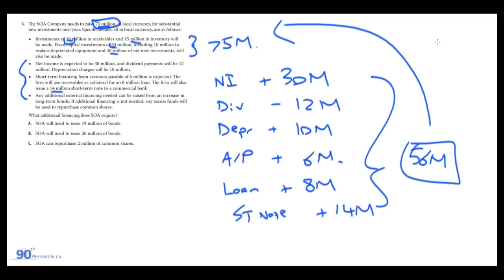They set a lower limit on how much cash or marketable securities they have on hand. But here we're just assuming we're spending every single penny we have on our books on these investments. So 75 minus 56 is 19. So our answer is A.